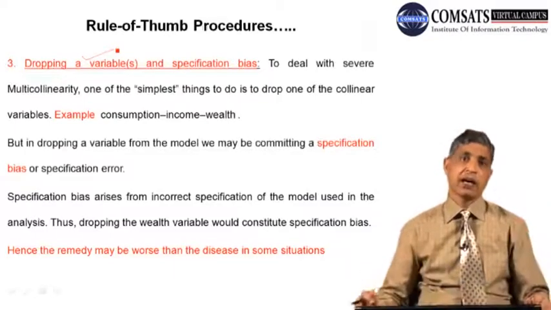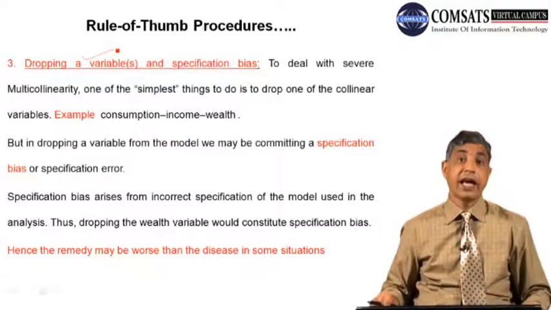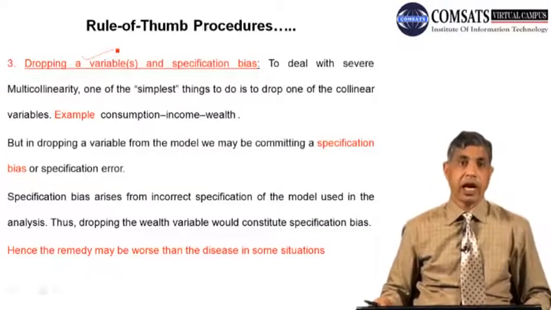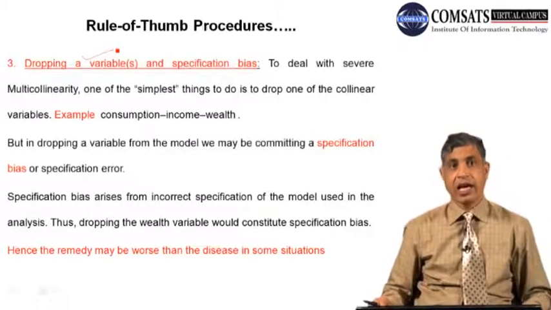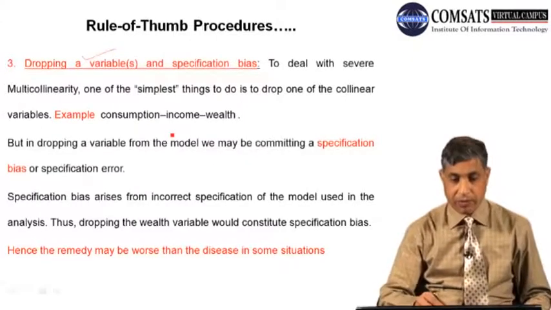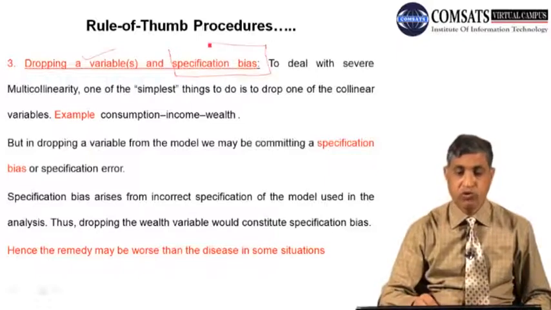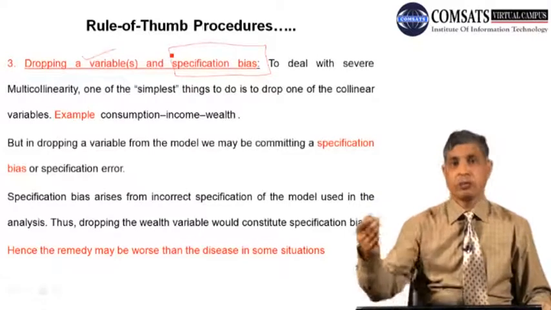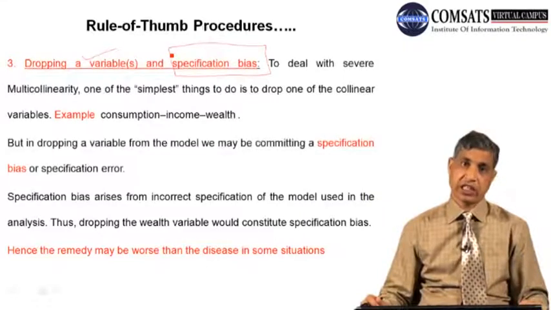If 2 variables are multicollinear, then drop one of the variables that you think is not much reliable as compared to the other, or less reliable in comparison with the other variable. But I will be explaining it later. At the same time, you will be coming out of one problem into another problem, because you will be falling into the specification bias.